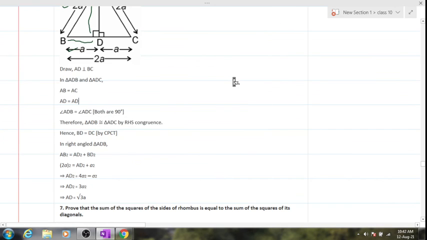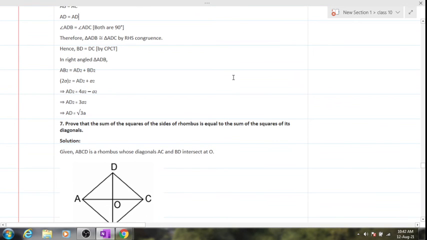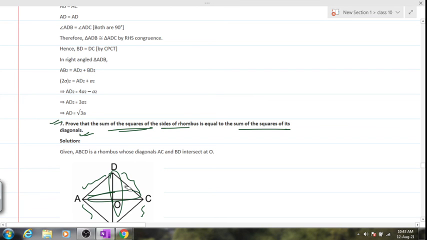Now a bit of a hint I'll be giving you for question number 7. Prove that the sum of squares of the sides of the rhombus is equal to the sum of squares of its diagonals. Is it clear?